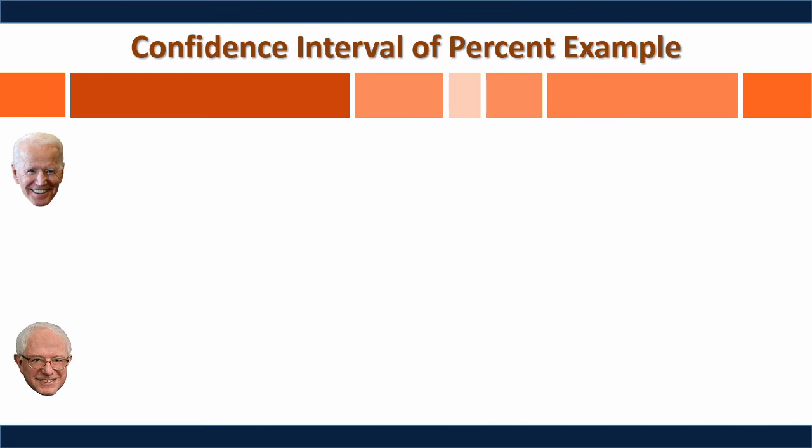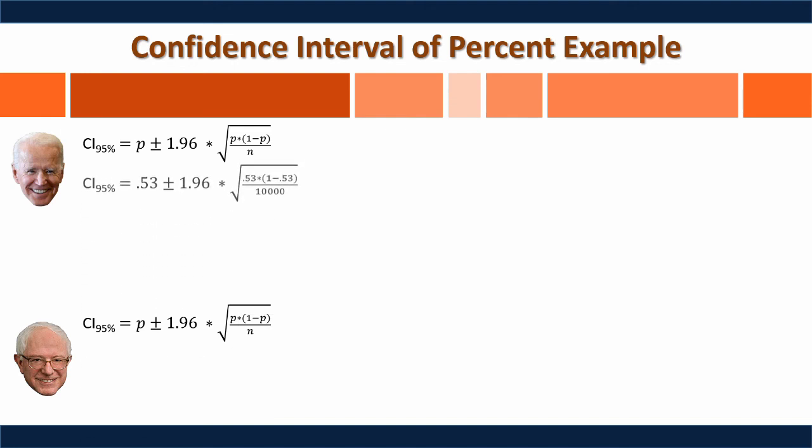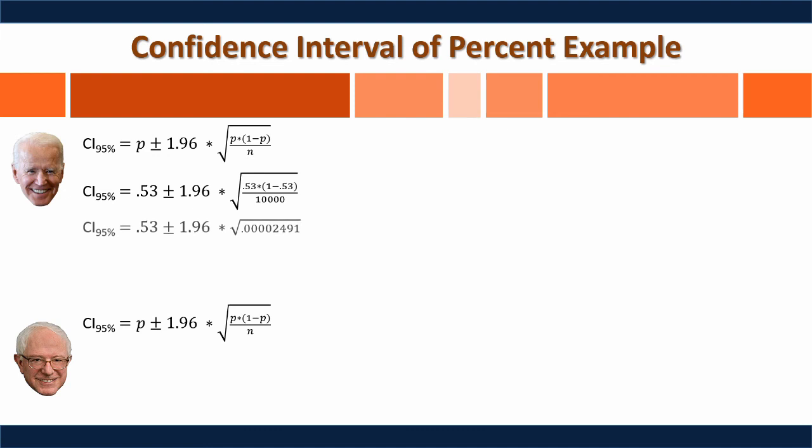Let's calculate the confidence intervals for Joe Biden and Bernie Sanders for a hypothetical sample of 10,000 people. Here are the equations for calculating confidence intervals of proportions. For Biden, I'm going to round his percent to 53 and use 0.53 in the equation, and of course 10,000 in place of n. Start with the calculations inside the parentheses and move outward.